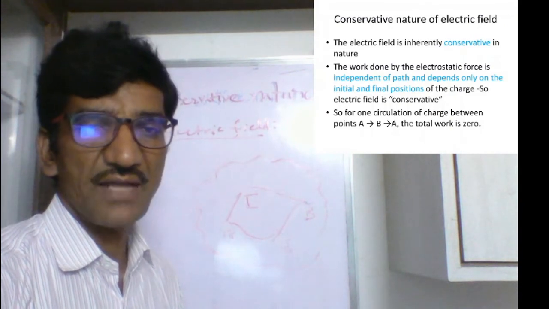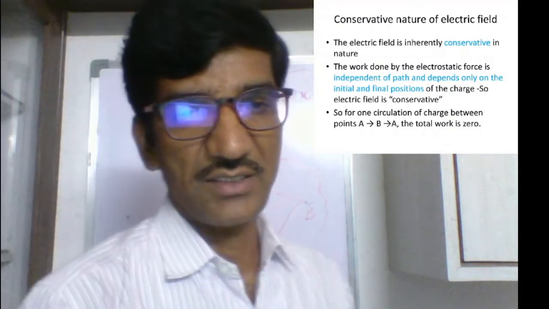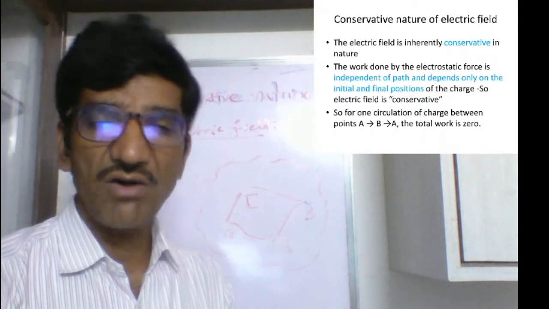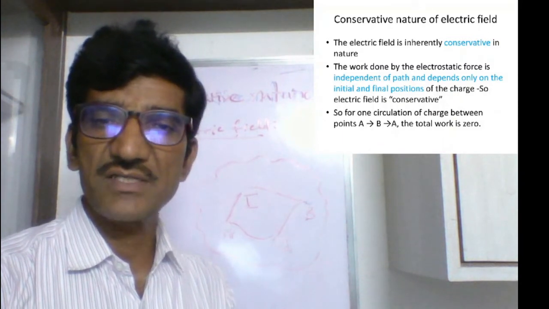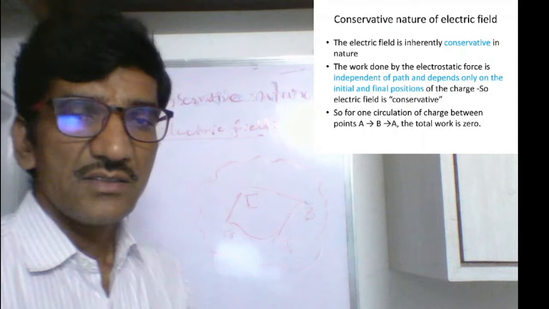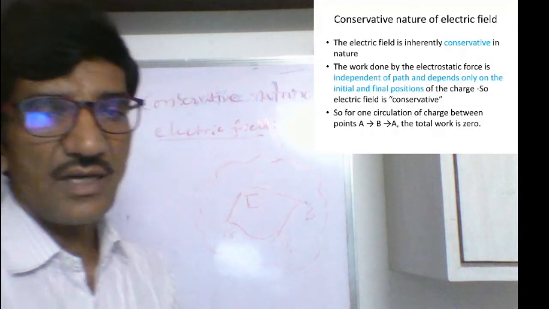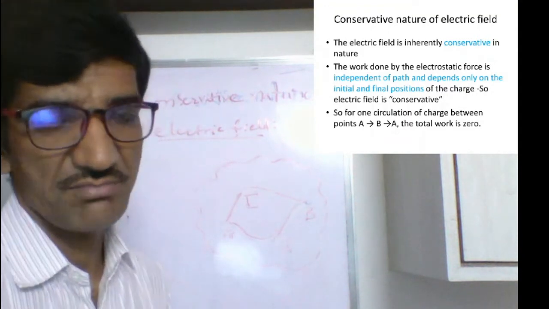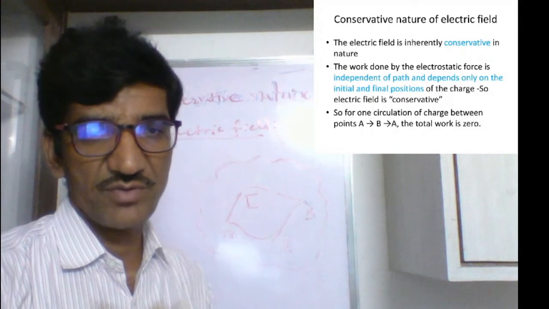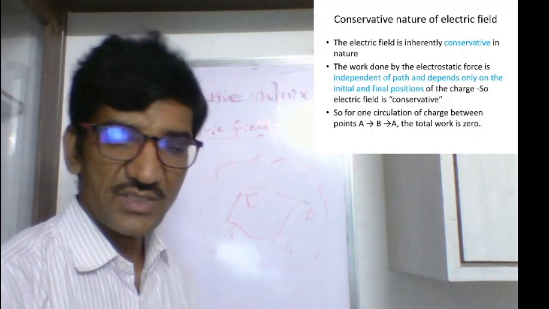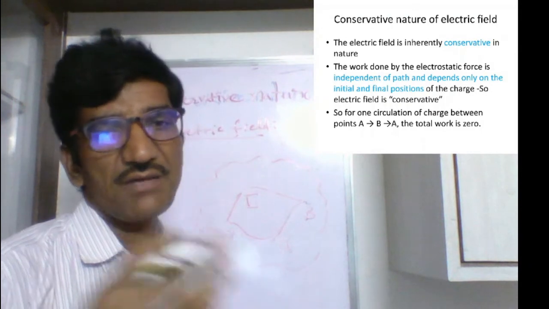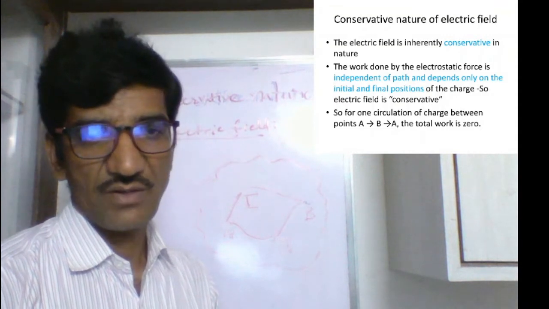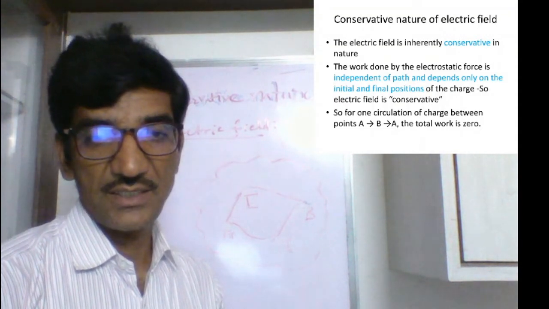Work is path independent. For conservative fields, the work depends only on the initial position and final position of the charge. Work depends on initial point and final point, but it does not depend on the path.